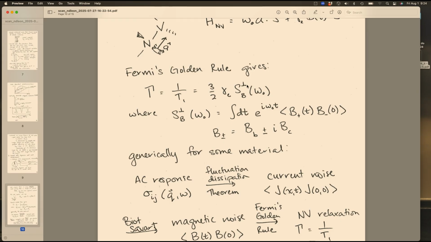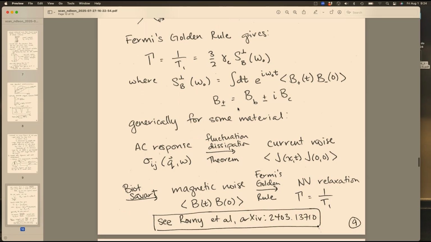What we care about is stuff that's going to tip the spin vector this way. Okay. And what we can do is now write this perpendicular component in terms of a 2-point correlator in the magnetic field in time. So it's going to look like the integral over e to the i omega naught t with this 2-point correlator between B plus at some time and B minus at time 0.